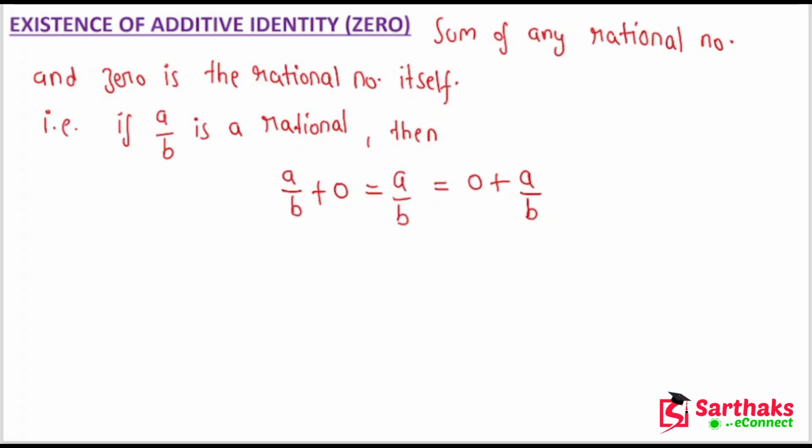Now what is 0 called here? What will be the meaning of additive identity? Now 0 is called additive identity. Let me write it.